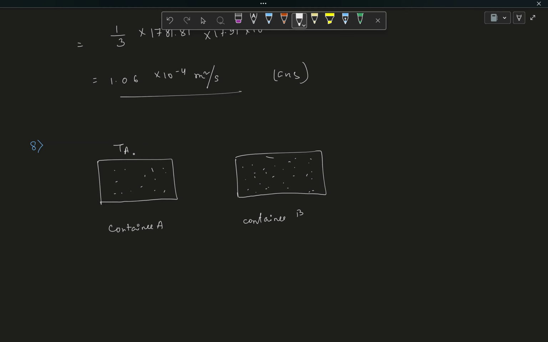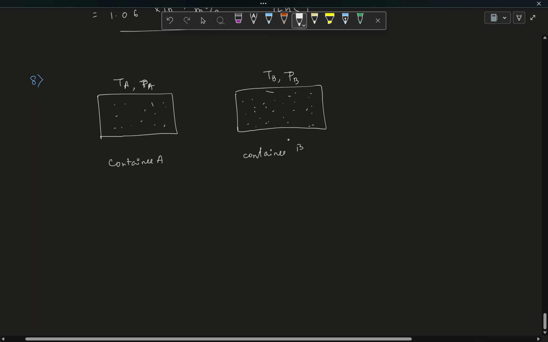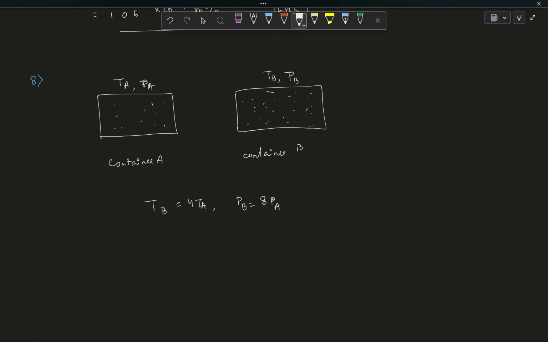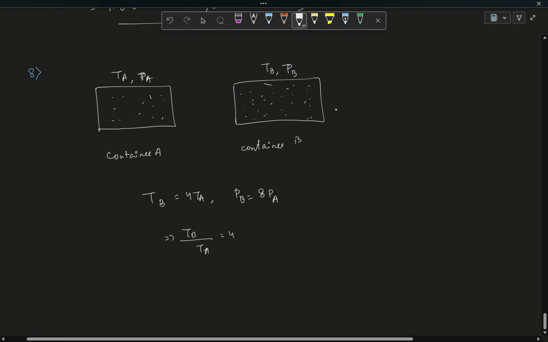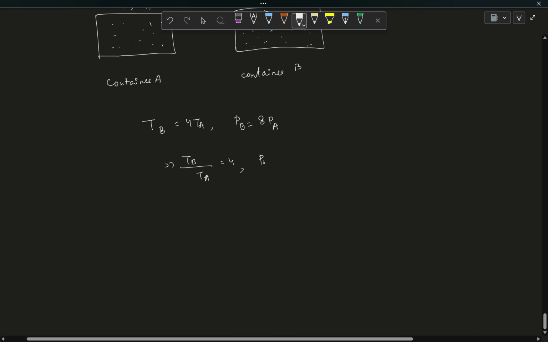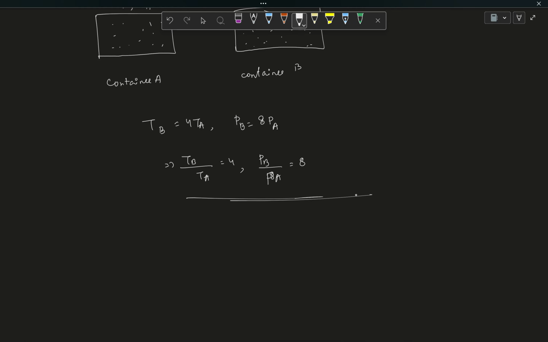This container has a temperature of TA and pressure of PA, and the second container has temperature of TB and pressure of PB, right? Also it is mentioned in the question that TB is 4 times TA and PB is 8 times PA. That means TB by TA is equal to 4. So container B has higher temperature and higher pressure because PB by PA is also 8. So these are mentioned in the question itself.